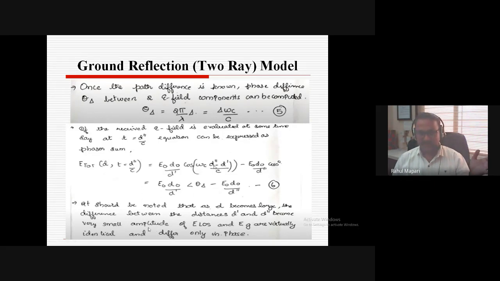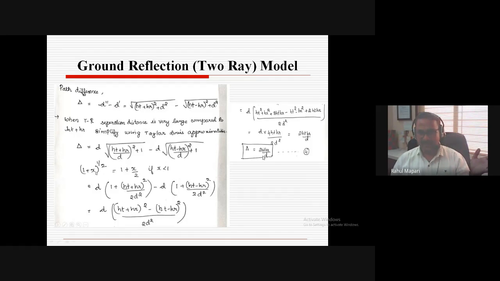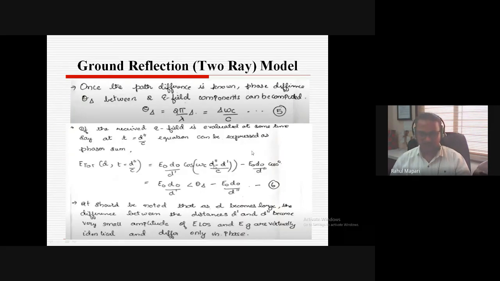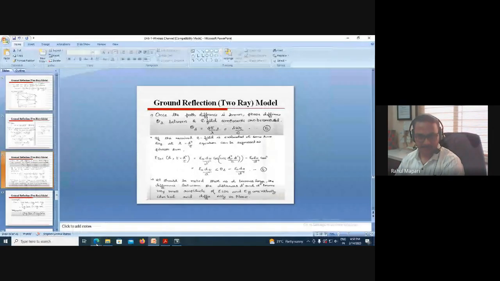Because see this delta equation, as D increases, the path difference decreases. It is inversely proportional. The amplitude of the line of sight electric field and the amplitude of the reflected signal are virtually identical and differ only in phase.